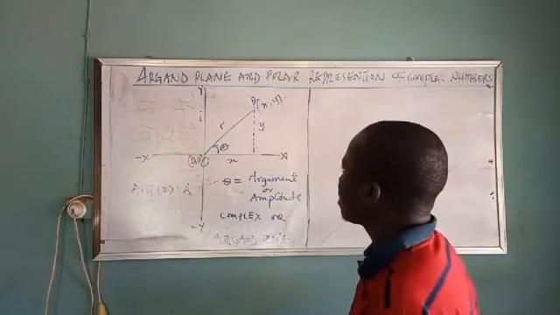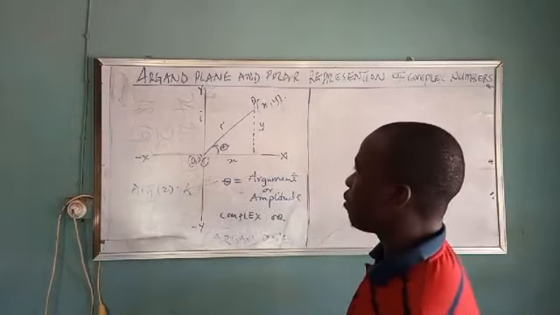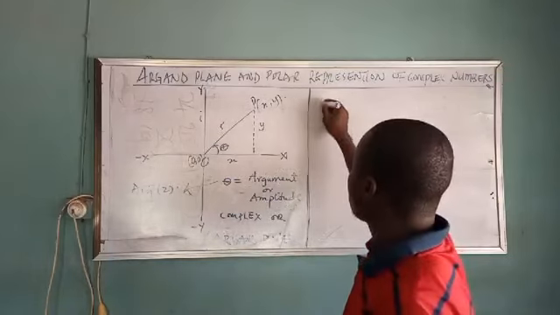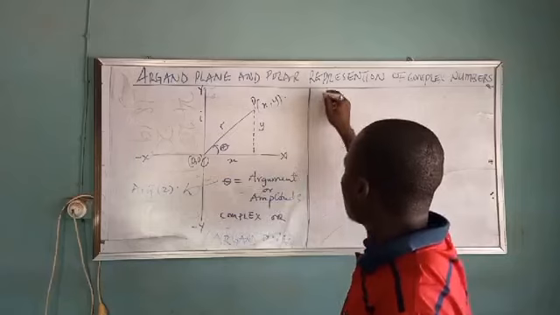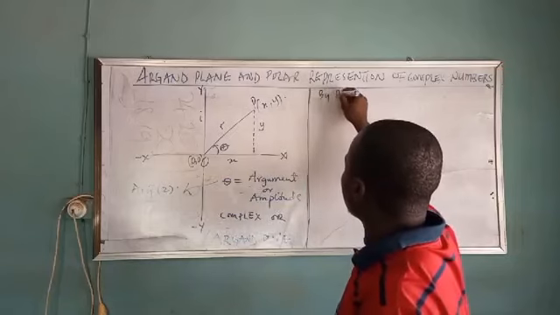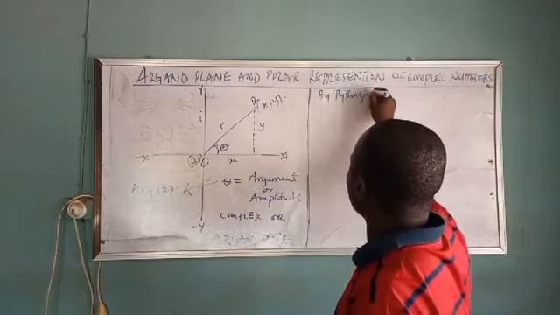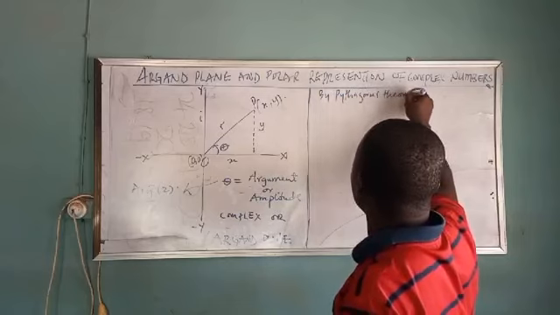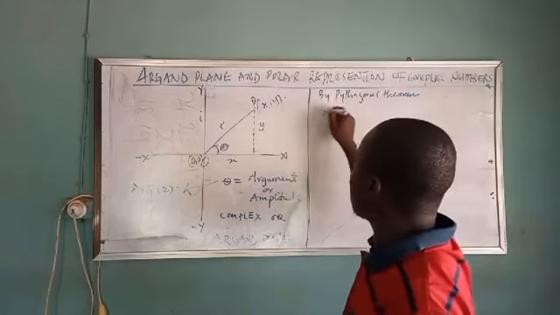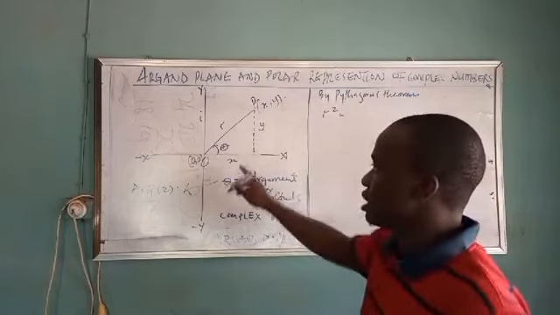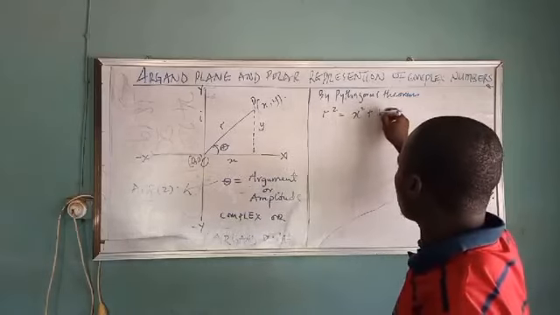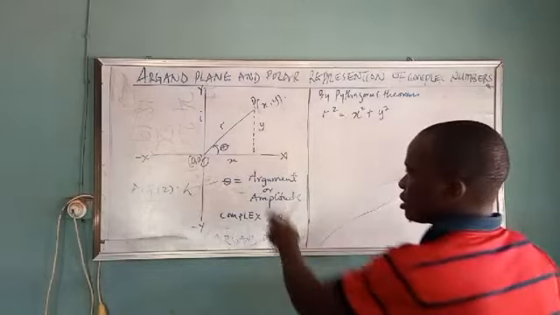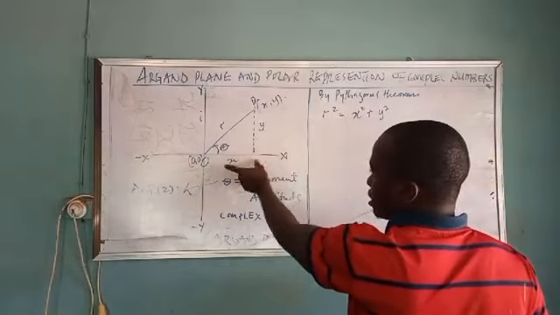So now from here we can have our formula for the modulus by Pythagoras theorem. By Pythagoras theorem, r squared is the same thing as x squared plus y squared. This is the opposite and this is the adjacent.